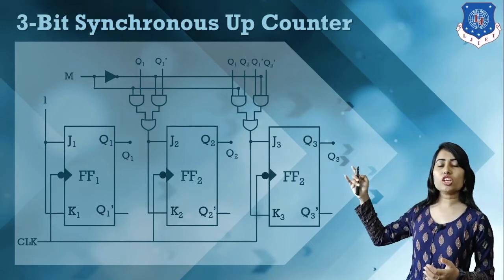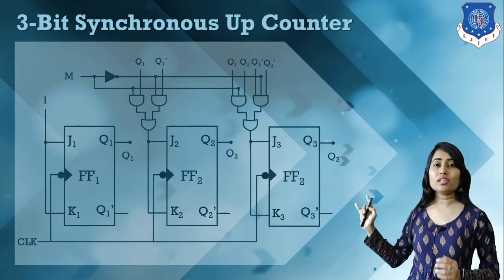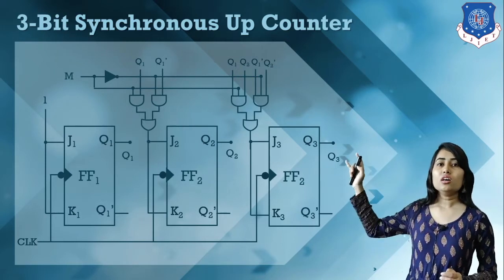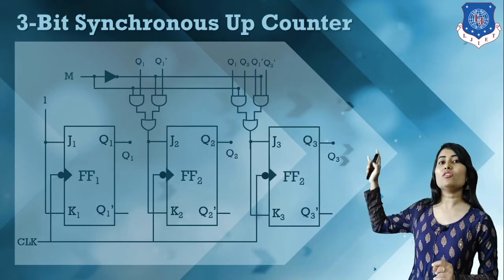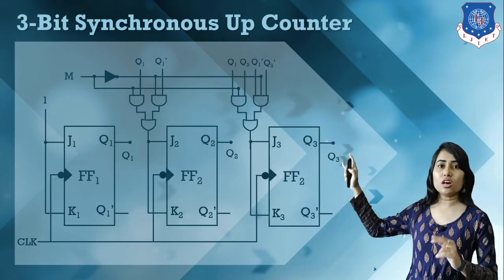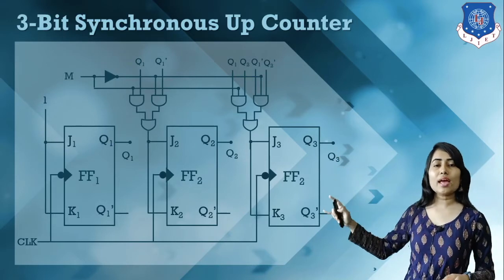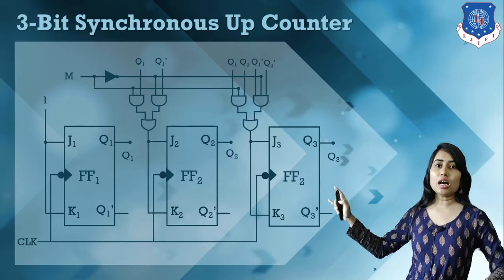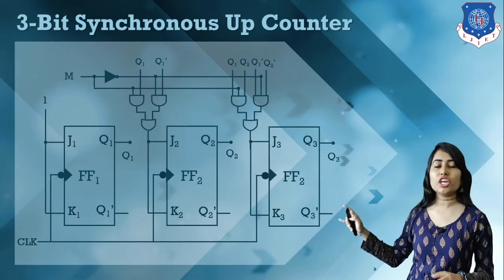So here we use 2 AND gates and 1 OR gate for that operation. Here we have M into Q1, and here we have M dash, that means the inverted value, and Q1 dash. Both the AND gate outputs are ORed and applied to J2 and K2.